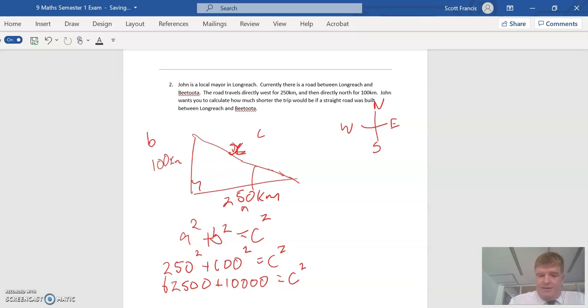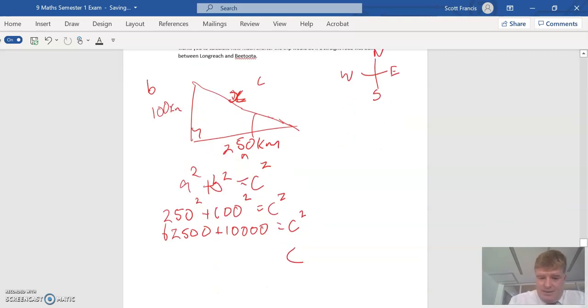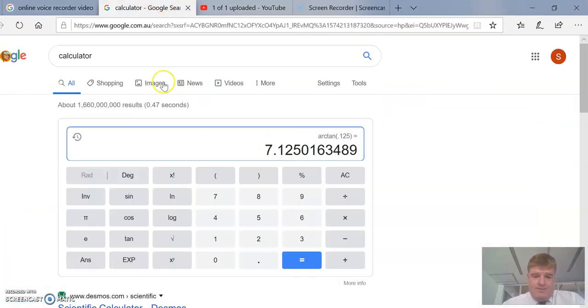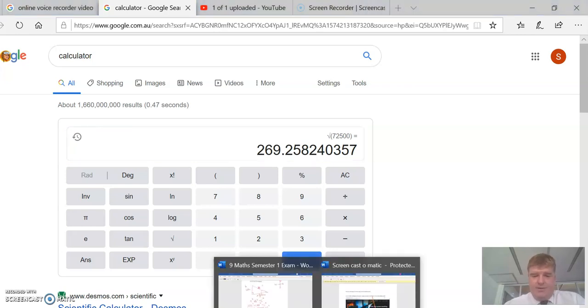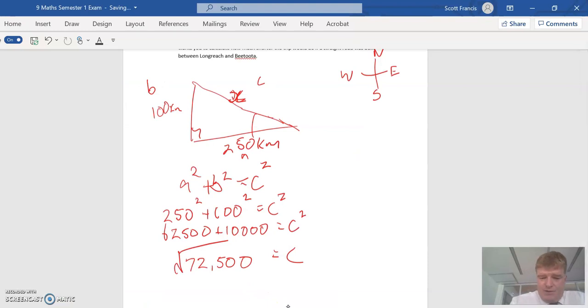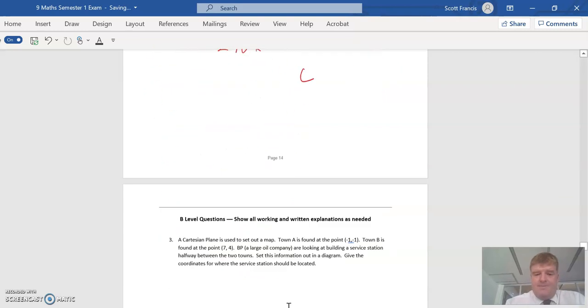And now C is going to equal the square root of 72,500. I'm hoping that the calculator I had open before might have that, so let's clear. Square root of 72,500 is going to equal about 270 kilometres. You can put that to 2 decimal places if you want. I'm going to round it to 270 kilometres, which equals distance C.